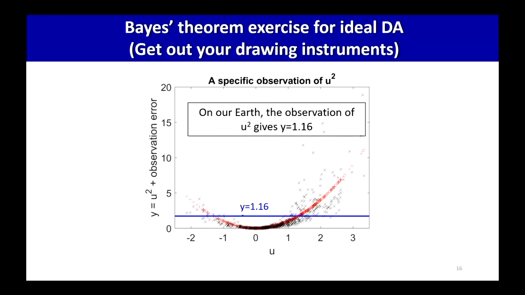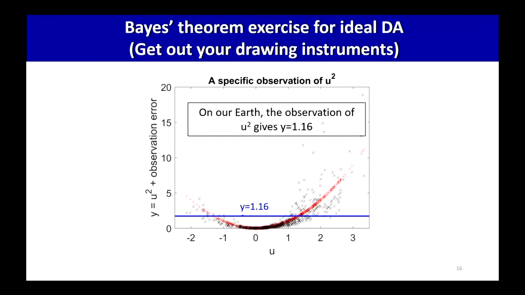Okay, I guess I'll draw this side. So you come to the front if you need to. I'm going to try and draw that picture. Here we've got the y-axis. So this is y equals u squared plus some observation error that I'm calling epsilon 0.